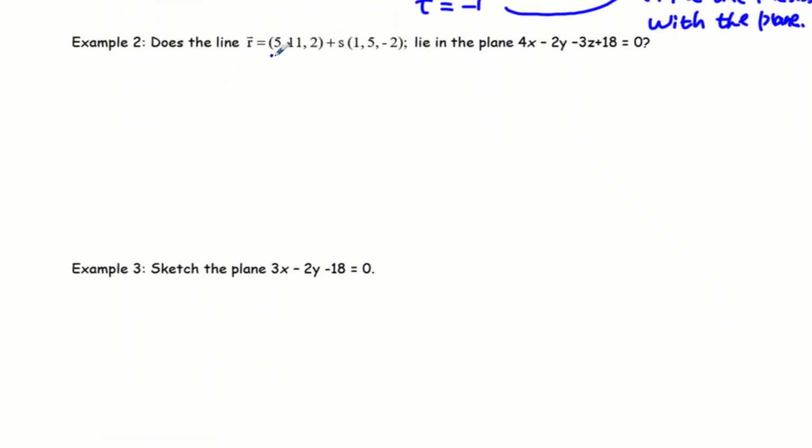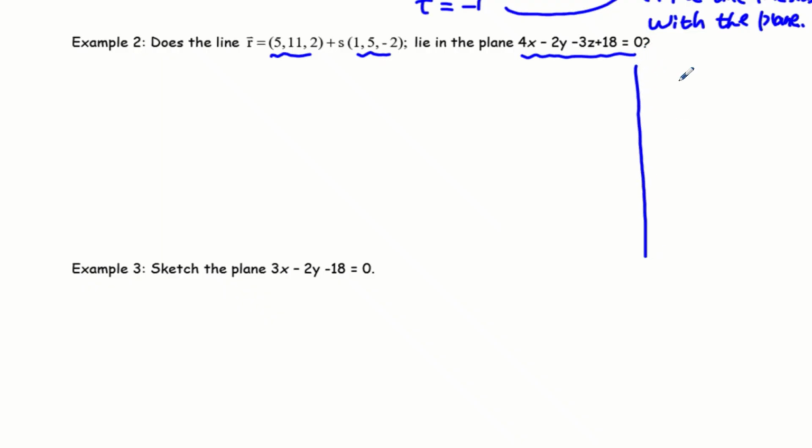So it asks you whether the line is in the plane or not. For such a question, we want to write the parametric equation for the line out. Then we have x, y, z, then we can sub it in. So what if the plane is not given in this Cartesian equation?